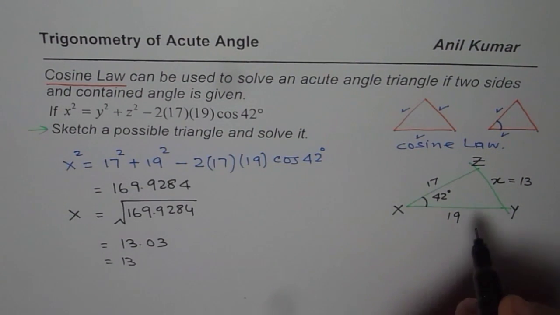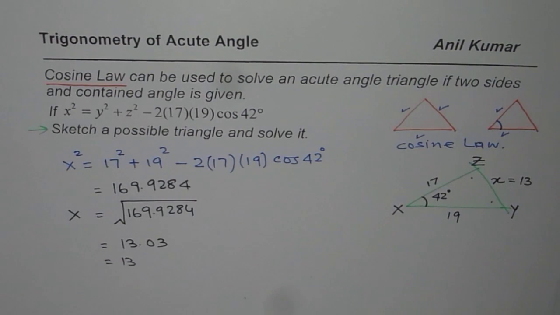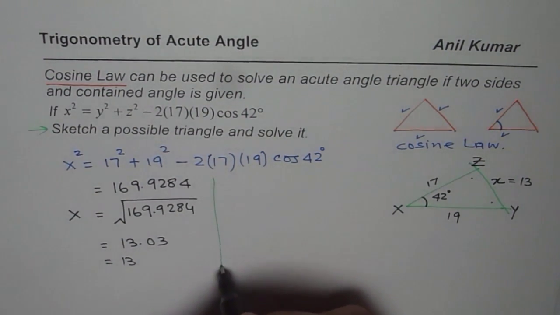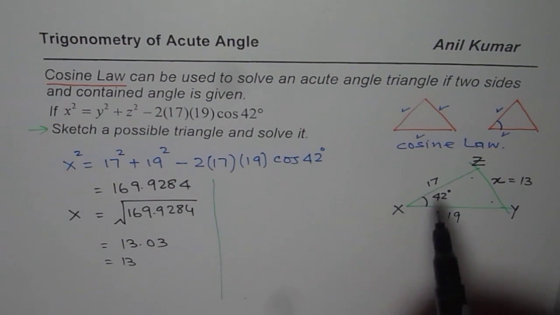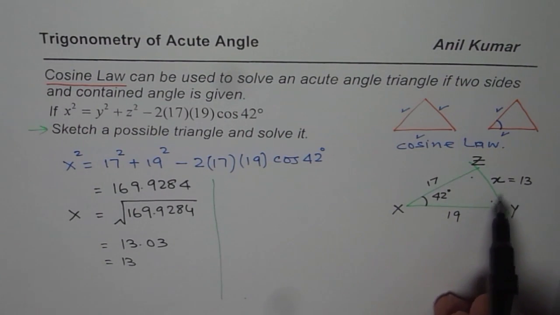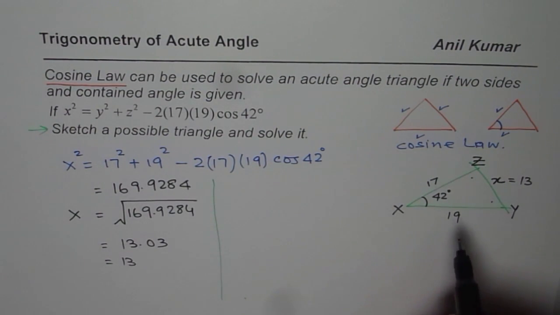And now to find the other angles, what can you do? To find other angles, we can use sine law. Most of the time, you will notice that whenever you are using cosine law, it should be followed by sine law to get the rest, okay? So let's solve for it now.